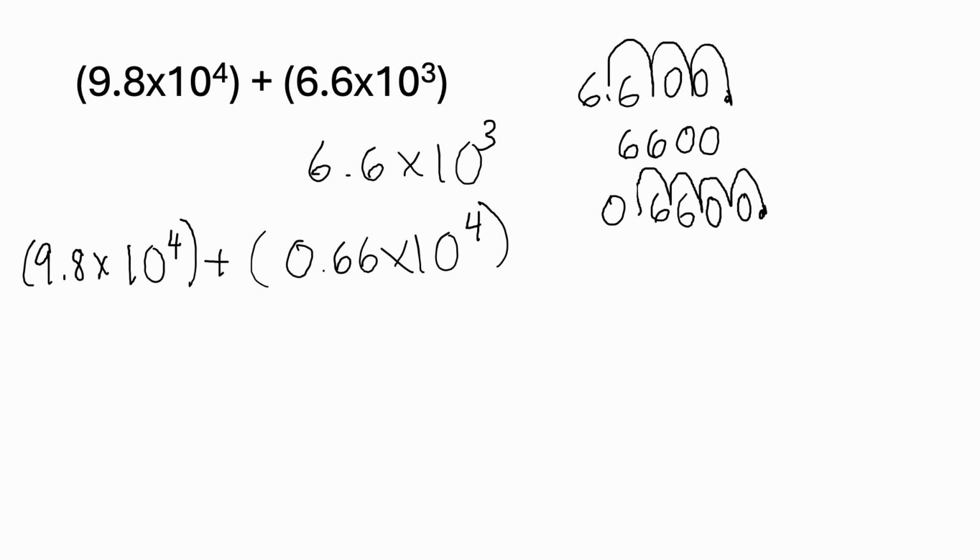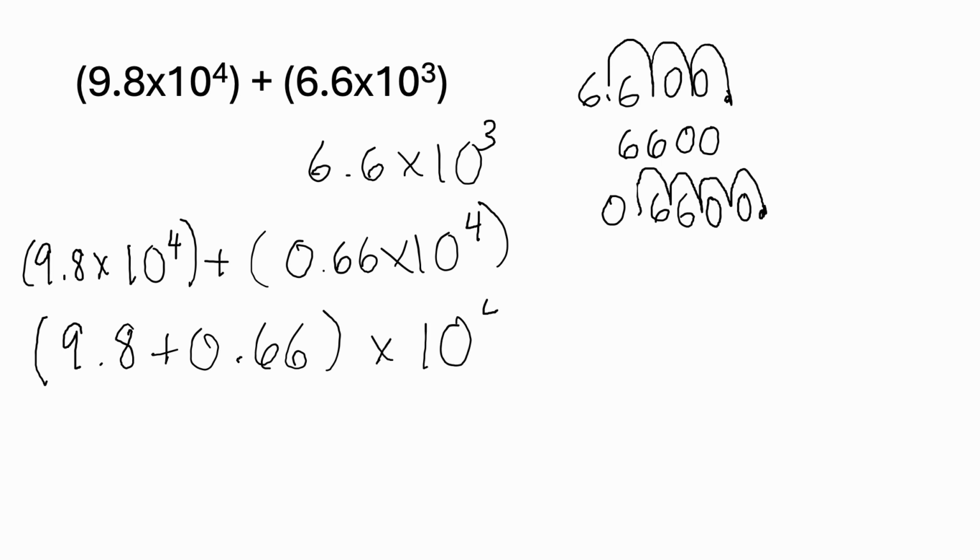So what we're going to do is essentially put the front numbers together, the 9.8 and the 0.66, and add those two numbers together. Because the powers of 10 are the same, we're still going to keep it as it is. So we work out what 9.8 plus 0.66 is, which is 10.46 times 10 to the power of 4.